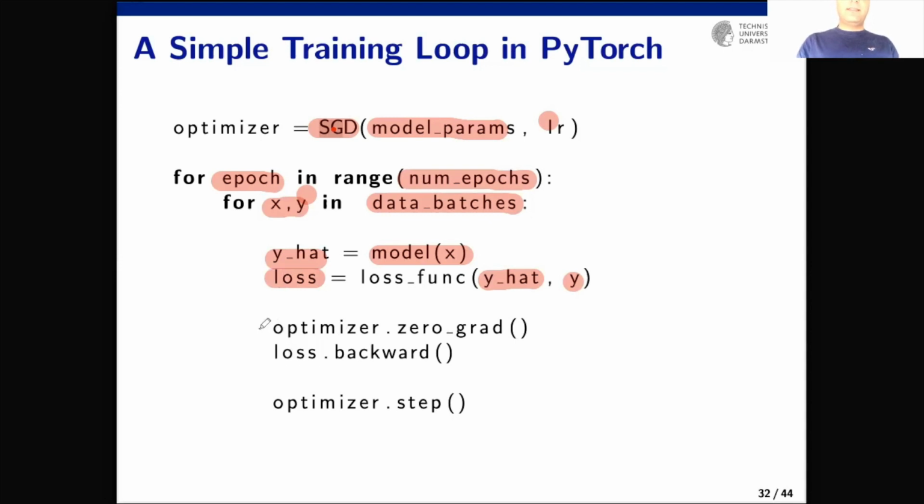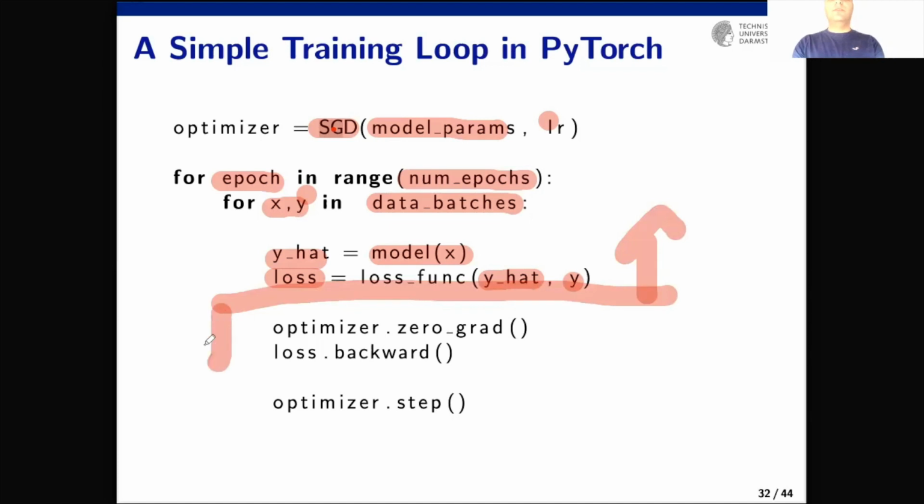For a second, let's skip this line and move to this one. When we have the loss, here is the end of the forward pass. Now we did the forward pass, and here we want to do the backward pass. By calling loss.backward, we compute the gradient of the loss, and then we save all D3, D2, and D1, right?